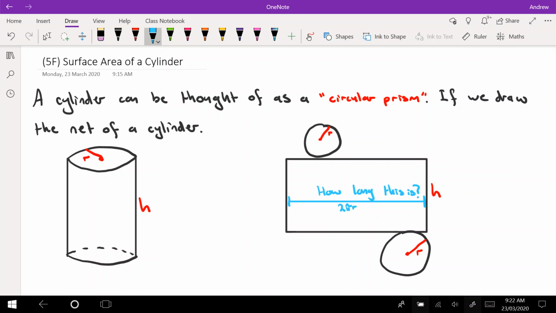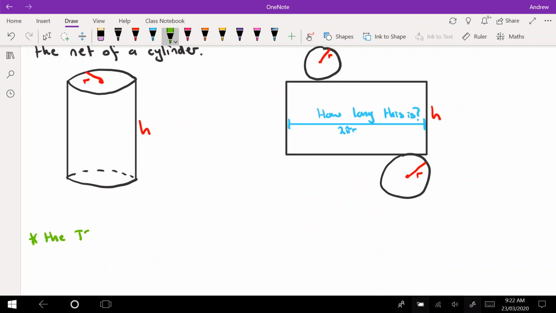So we can say that the TSA of a cylinder is equal to the 2 circles plus the 1 rectangle. We know that the area of a circle is pi r squared. We've got 2 of them. And so it's going to be 2 pi r squared.